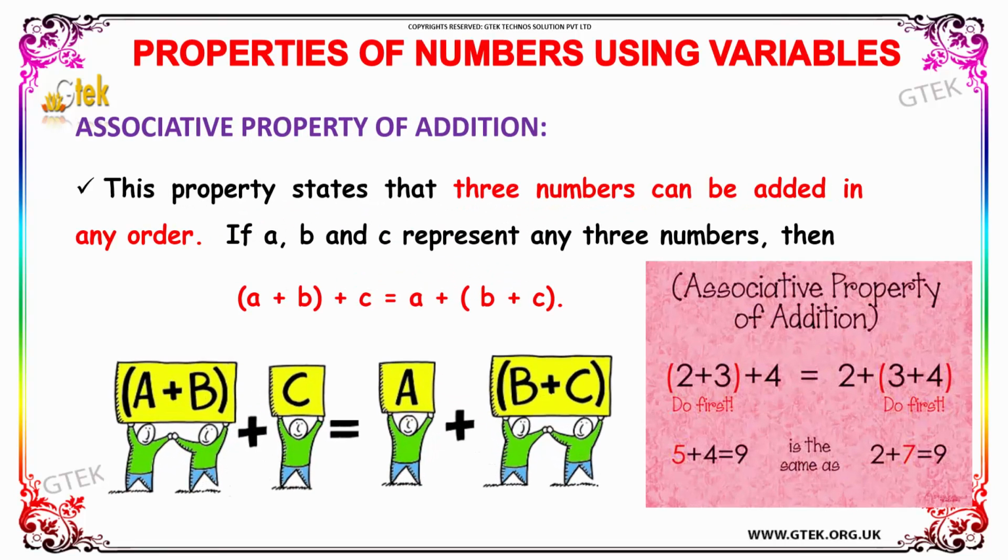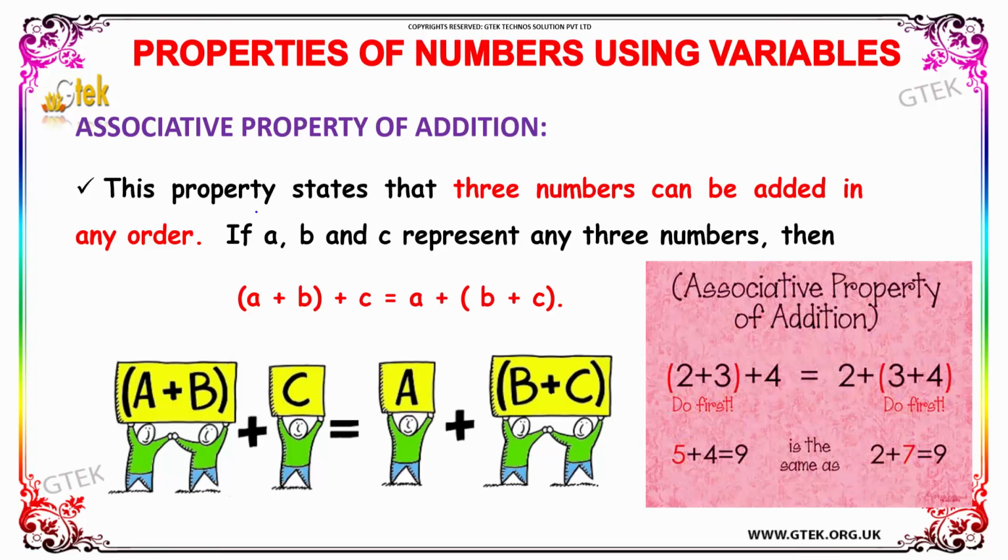Now let's move on to the next property, the associative property of addition. This property states that three numbers can be added in any order.